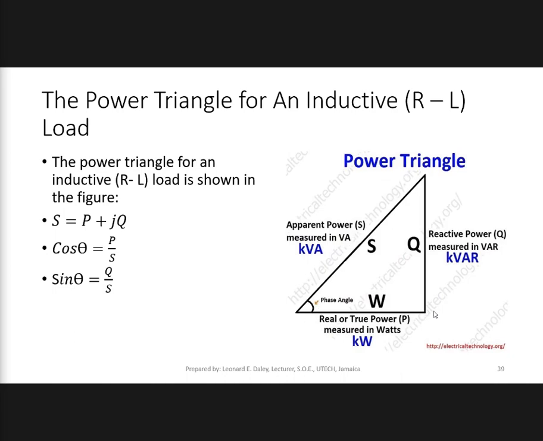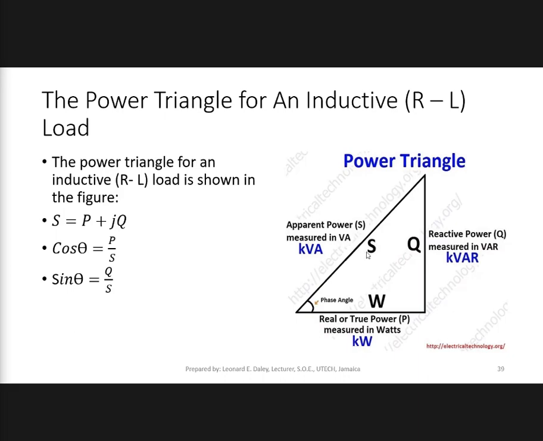The real power P would be on the 0 axis, so 0 degrees here. This is going up 90 degrees on the J axis. So P would be on the real axis, and Q would be on the imaginary axis, on the positive pole of that axis.